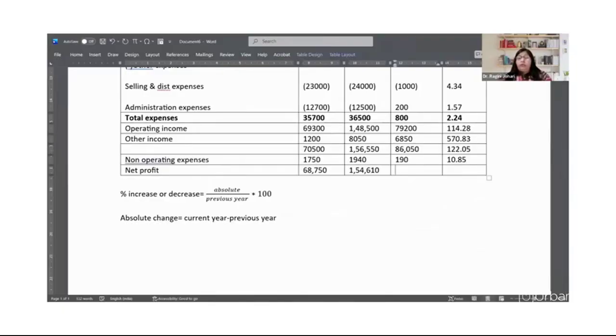Absolute change is how much? Absolute change is 85,860. And percentage change is 124.88.